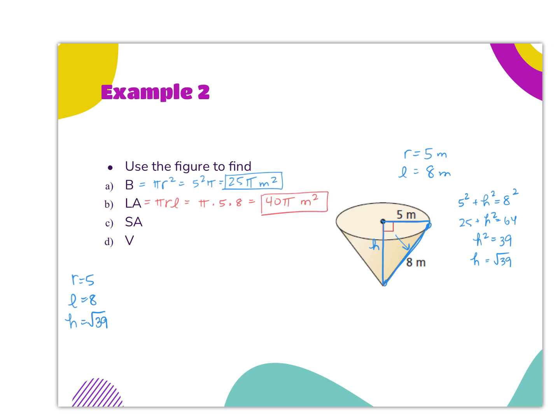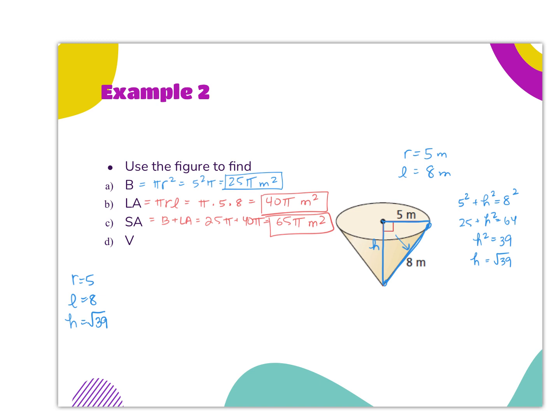The total surface area is the area of the base plus the lateral area, so 25 pi plus 40 pi, or 65 pi meters squared. That's the surface area of my cone.